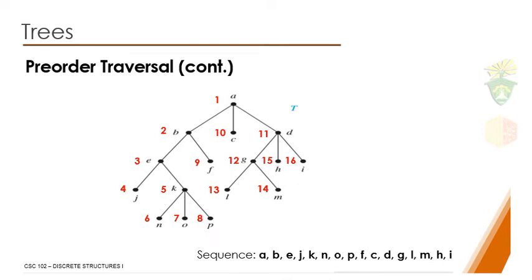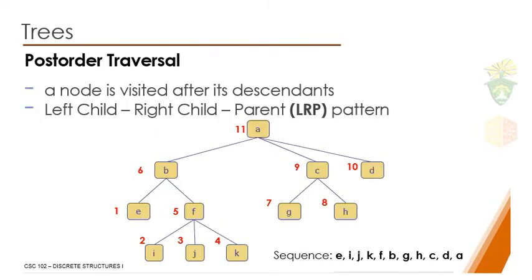So, again, take note, for pre-order traversal, ang ato ang output sequence should start with the root. Okay? And ends with the rightmost child. No? So, ganun na. So, next is the post-order traversal.